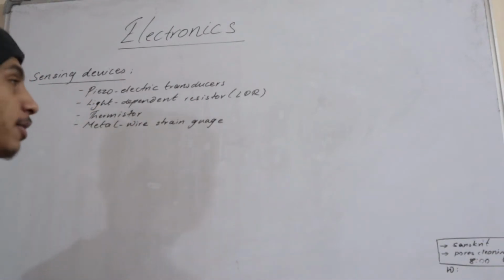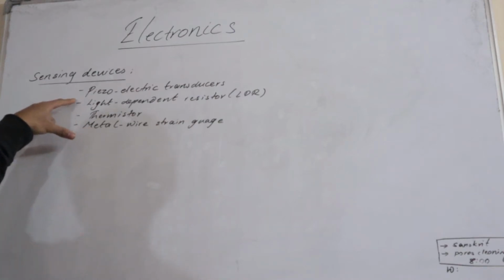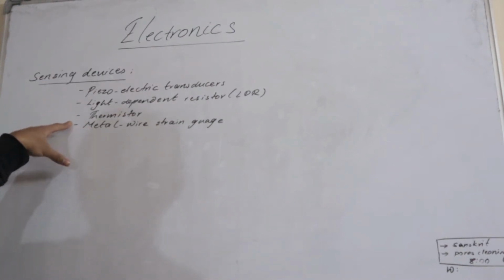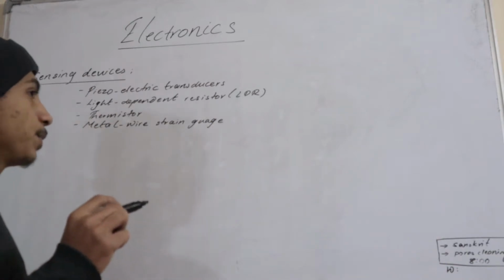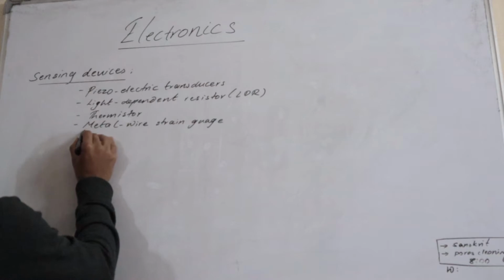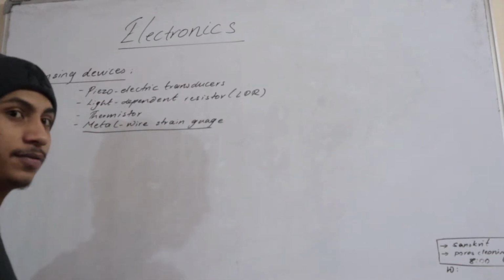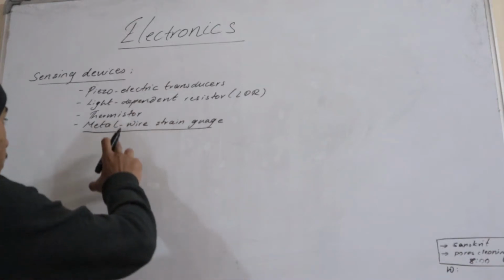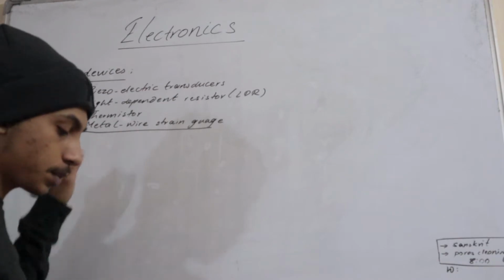We need to study only 4 sensing devices: piezoelectric transducer, light dependent resistor, thermistor, and metal wire strain gauges. You have to focus mostly here because you have to do a lot of numerical problems on metal wire strain gauges. So this is very much important.